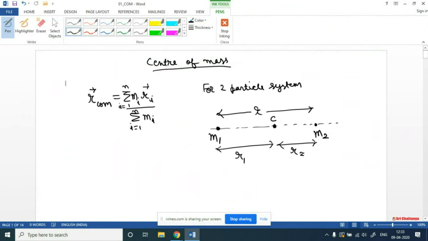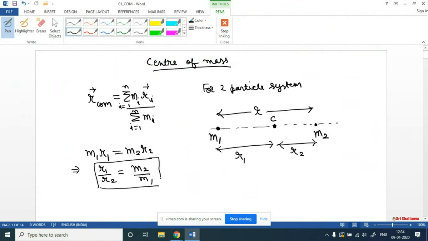Using this expression, the relationship we get is M1 R1 equals M2 R2. Another way of looking at it is R1 by R2 equals M2 by M1. This relationship gives quite an insight into this formula. It suggests that if M2 is greater, R1 would be greater.